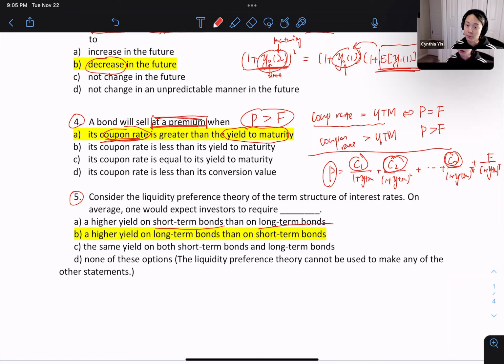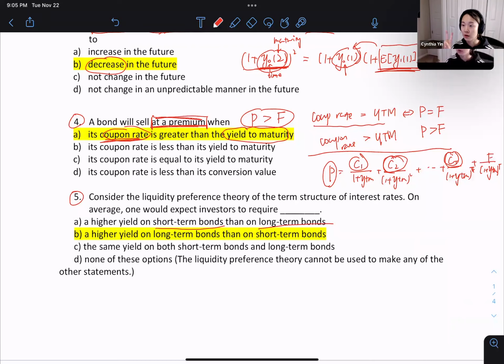Because they lock their money in a very long-term bond. There will be uncertainty related to default or reinvestment or interest rate changes. So this uncertainty or risk or opportunity cost will make the investors want to get compensated for the fact that they lock their liquidity in some long-term project or long-term bond.